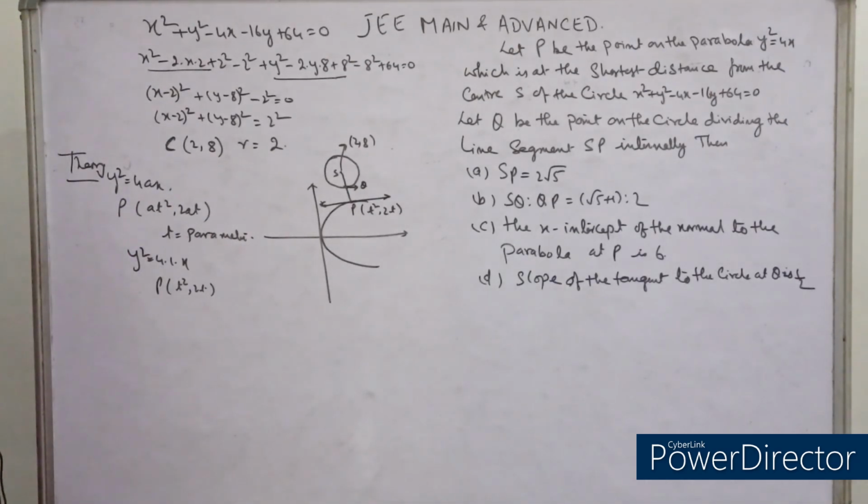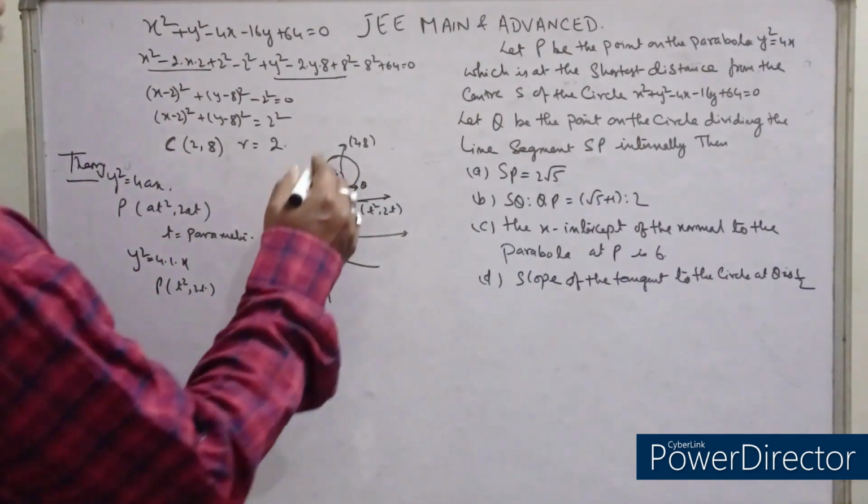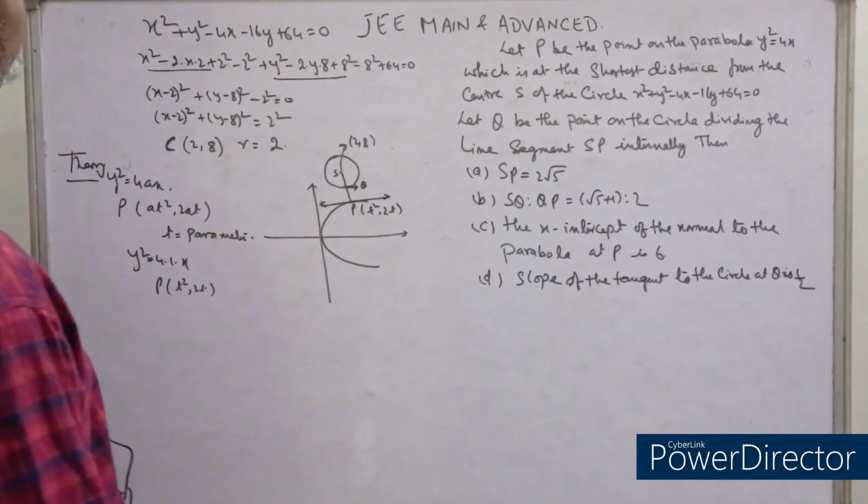Now this SP is perpendicular to the tangent, so shortest distance, so SP is the normal.